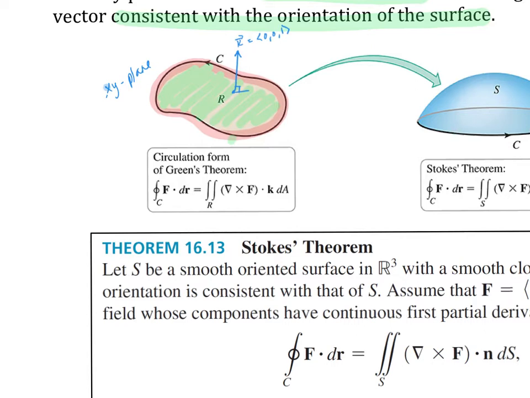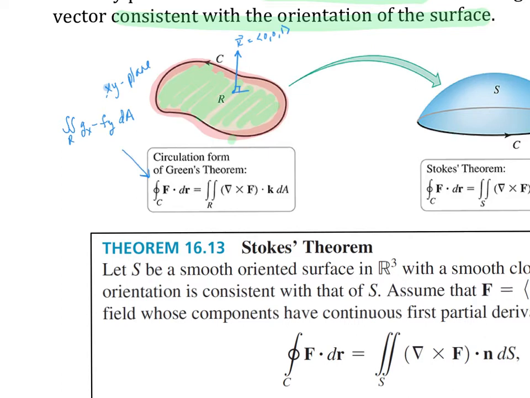Recall that when we were looking at circulation, our curl, or our integrand over our region, was the partial derivative of g with respect to x minus the partial derivative of f with respect to y. And that was a dA.